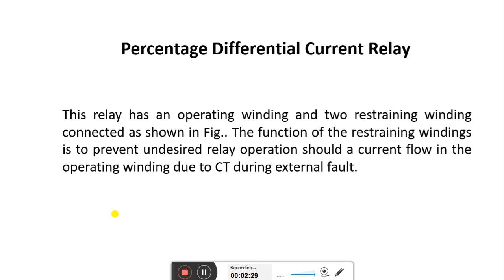Unnecessary current should not flow in the operating coil, and the operating coil should not be excited, otherwise the system will malfunction and unnecessarily operate. That is how the percentage differential relay has been designed.